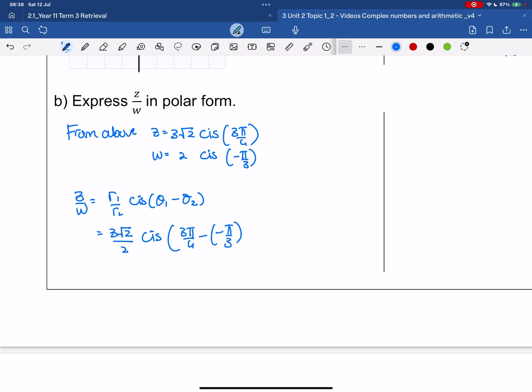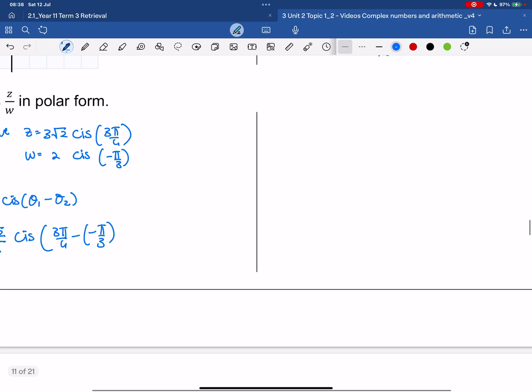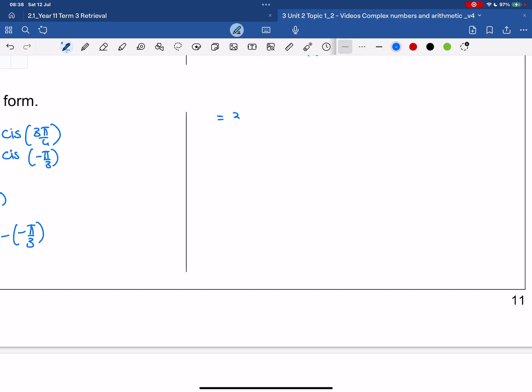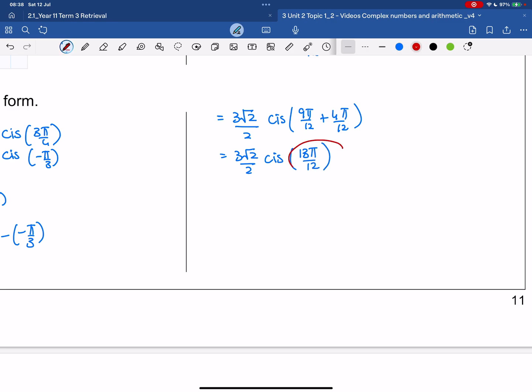What are your signs? And that gives me 3 root 2 over 2 cis of 9 pi on 12 plus 4 pi on 12, which is 3 root 2 on 2 cis of 9 and 4 is 13 pi on 12. Now that should ring bells to you because that's out of our domain.